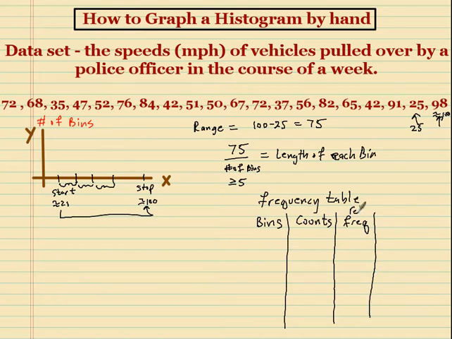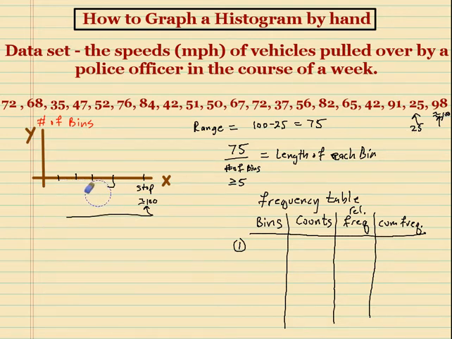Sometimes I'll call this relative frequency, and sometimes we'll also do cumulative frequency. The bins column is going to be the length of each bin. So let's say we want 5 bins.